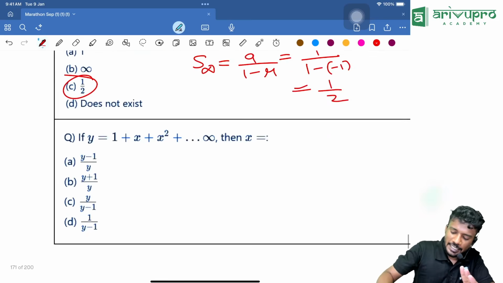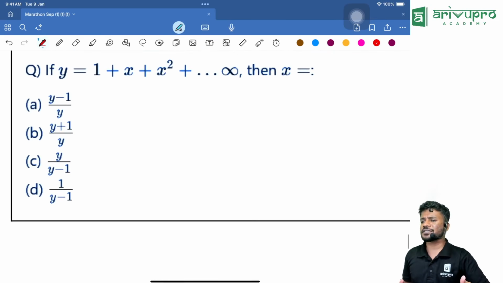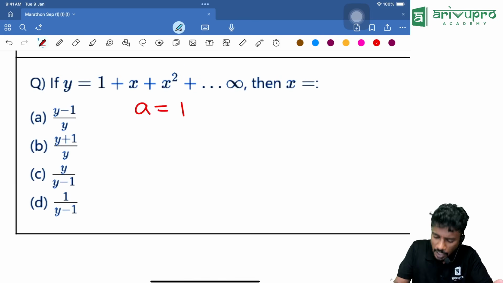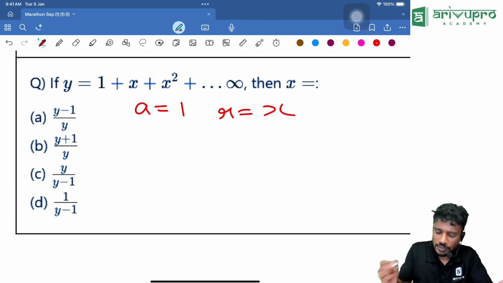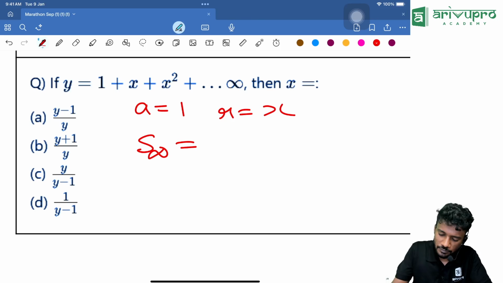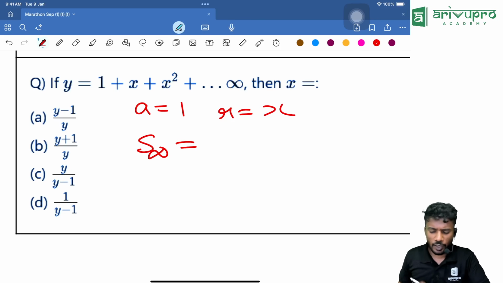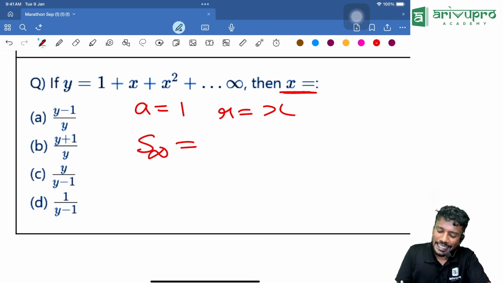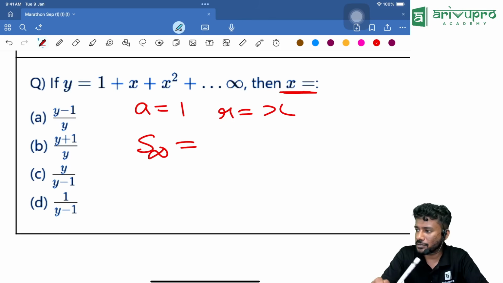Yes. Next one. Can you get this? This actually you can do it. Here A is how much now? 1. R is how much now? X. S infinity is equal to how much now? Yeah, one interesting question. Then X is equal to what? We are asking for X. How to find X?